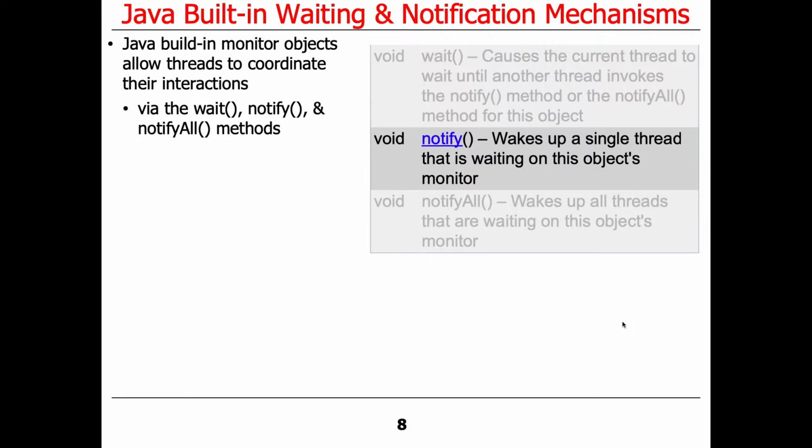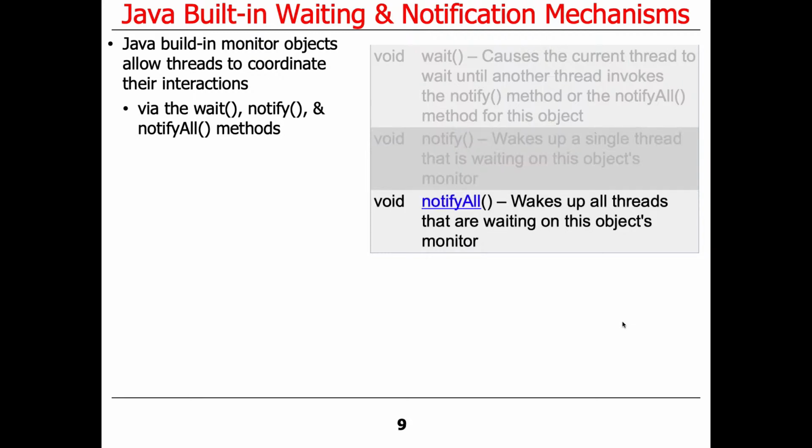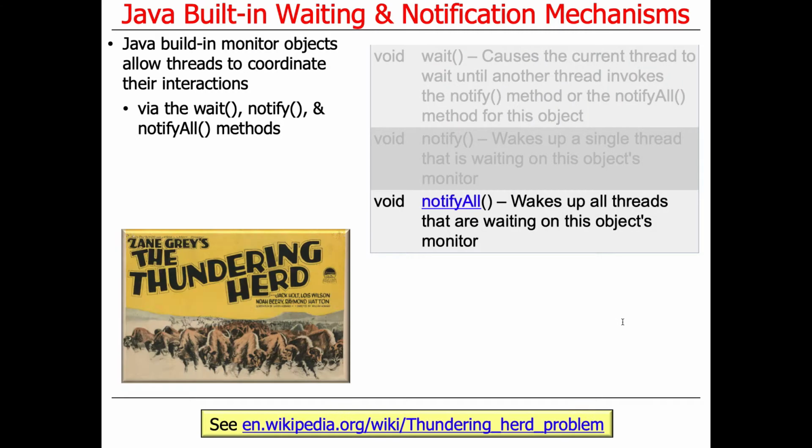Notify wakes up a single thread that's waiting on the object's monitor. So if somebody's called wait, then notify will wake one of those threads up. If multiple things call wait, then one of them will be awakened. And, surprise, surprise, notifyAll wakes everybody up who's waiting on the object's monitor. So those are the three main methods.